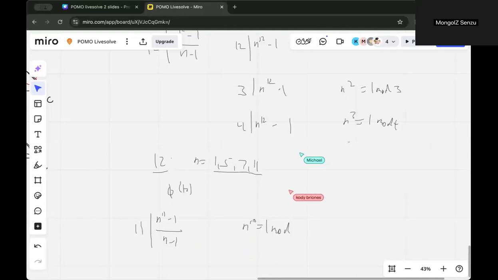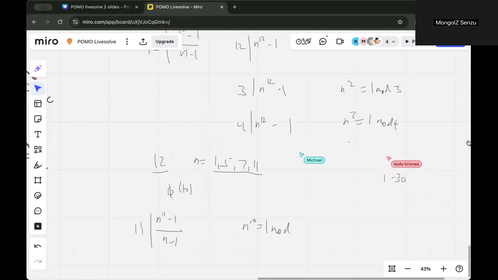And we can just bash this for 1 to 30. For 1 to 30, we want the LCM of the totients to not divide the number. Or we can just count the complementary case actually.